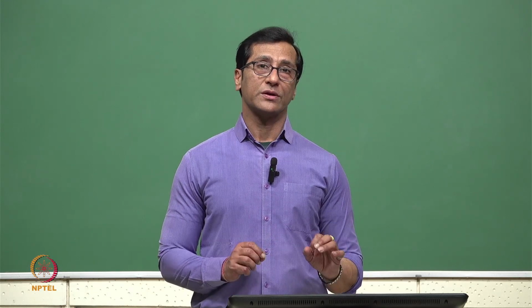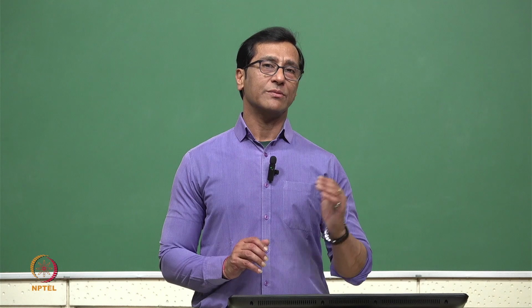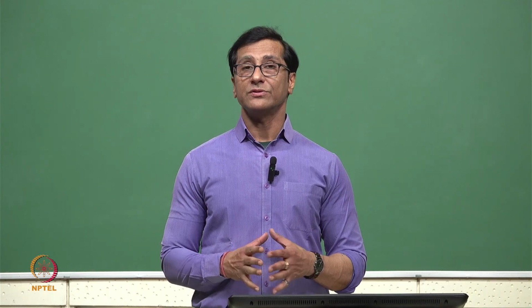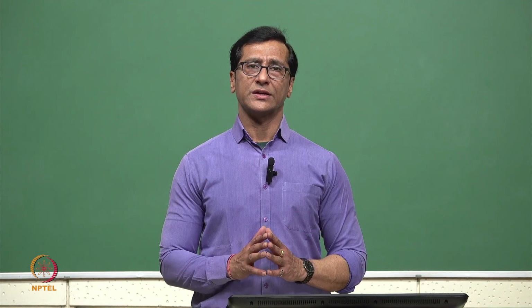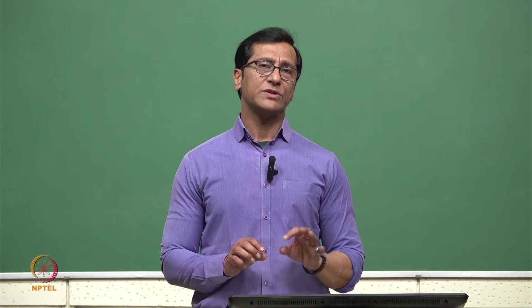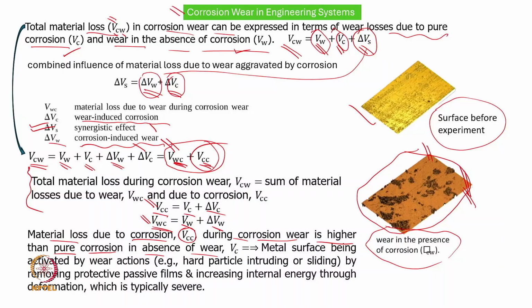In other words, if there is no wear, corrosion will be of some level, but if there is wear, corrosion will definitely increase significantly. The reason being that whatever passivation was happening earlier will be continually removed because of wear, and that is the reason why this kind of reaction is happening.